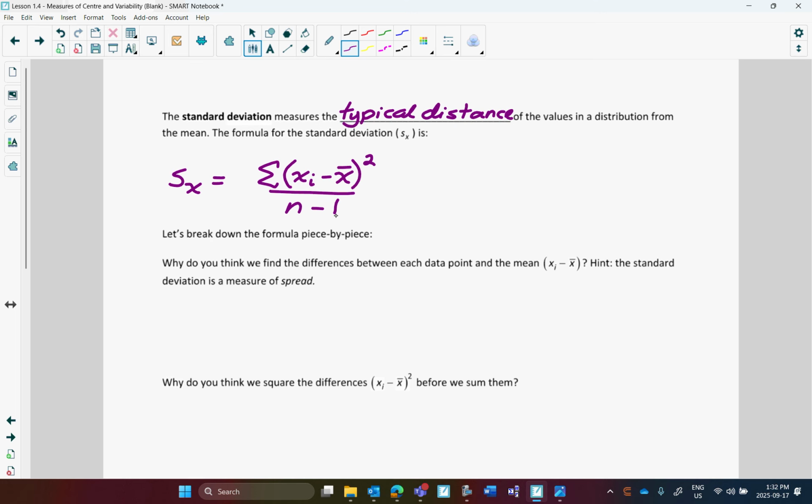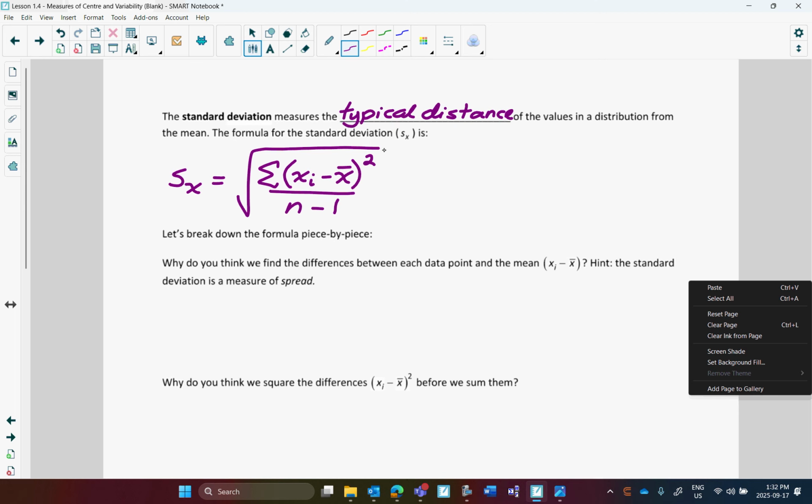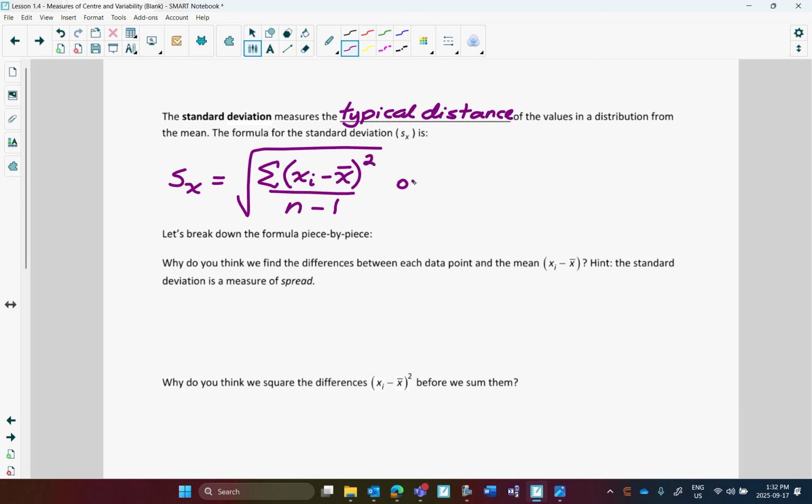And then I've got to undo that square because now I'm in square units. How do I undo a square? Square root it. So you will see it like that.